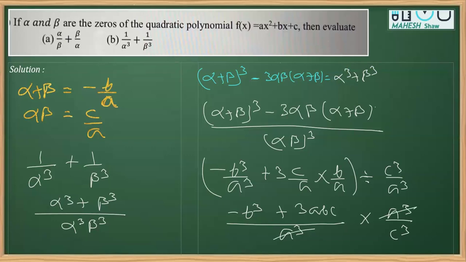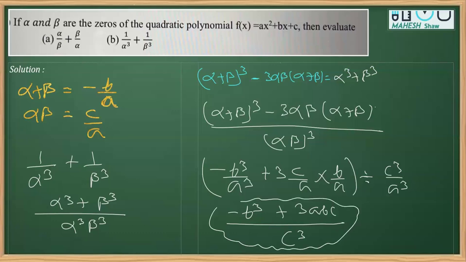So therefore, the final answer will be minus b cube plus 3abc over c cube. And that's how we get the final part. This would be the answer for the second part.